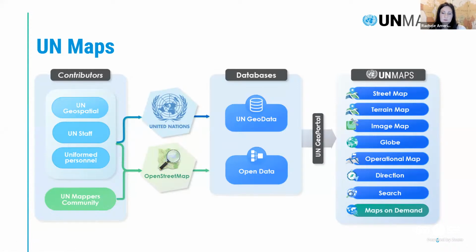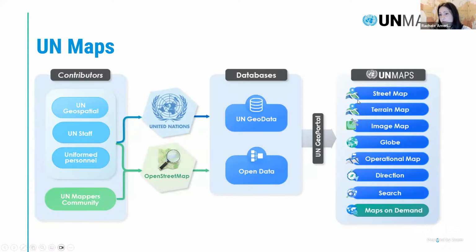And we are doing that with the Unmappers community, which is a group of mappers that are mapping on OpenStreetMap, the tool that we will be using today, which is a geodatabase with all the information regarding a location. And so we are mixing these two types of data, open data and UN data, to provide to peacekeepers all this information.